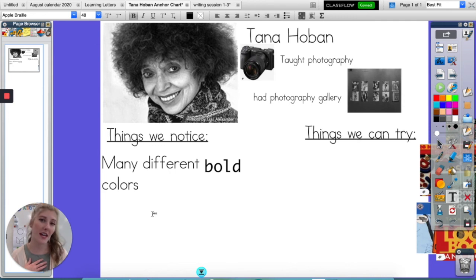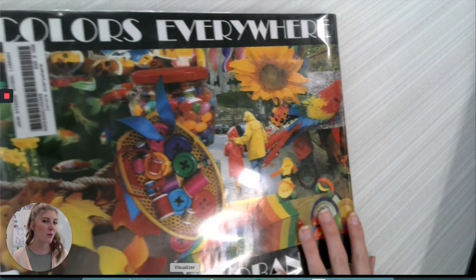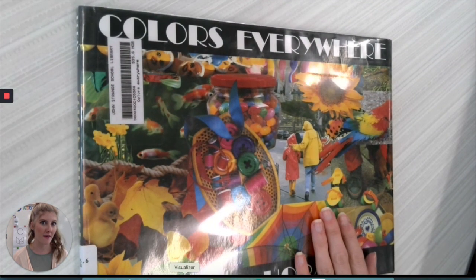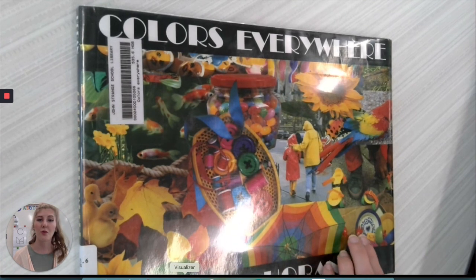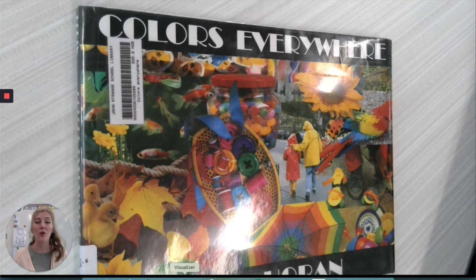And one thing that Tana Hoban did in her book was she included things that you could see in real life objects. So my thought is we could be starting a book today that includes real life objects that have bold colors, colors that stand out.